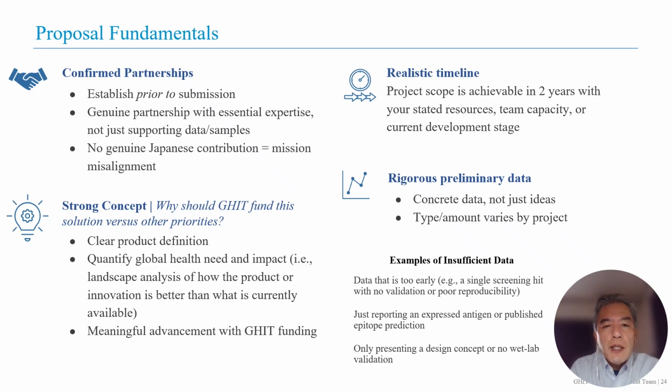Now, regarding the concept strengths, reviewers must clearly understand what product you are developing and how GHIT Fund will meaningfully advance it. Your proposal should address questions such as: why should GHIT invest in this solution over other priorities? How is your product different from existing technology?